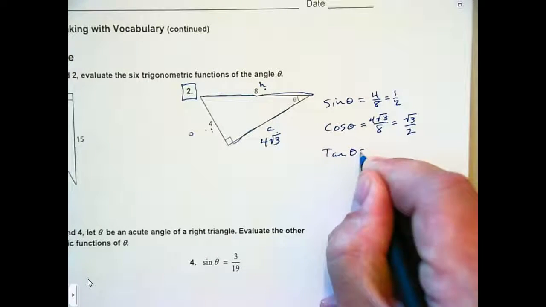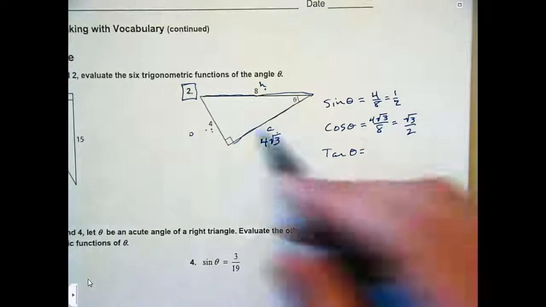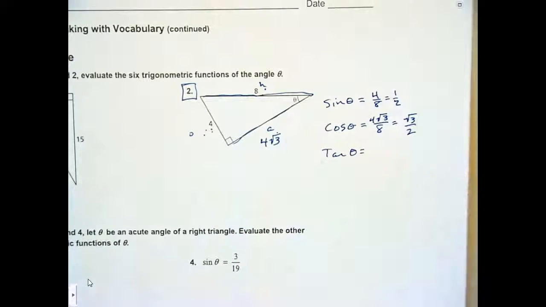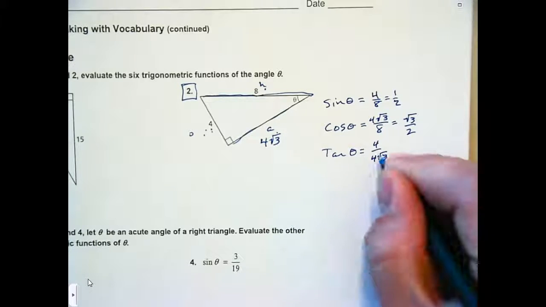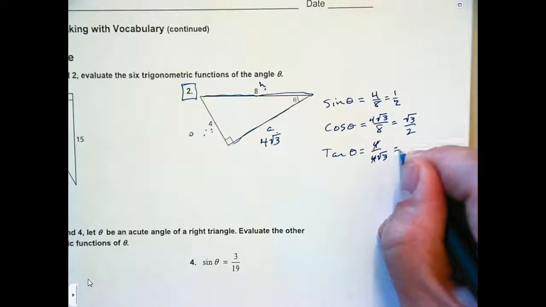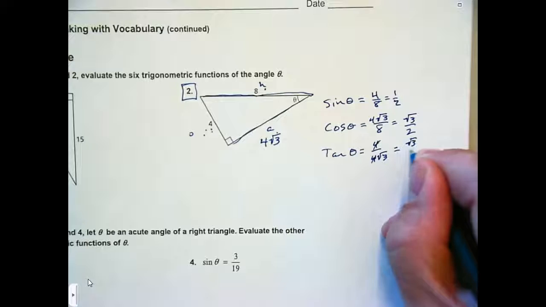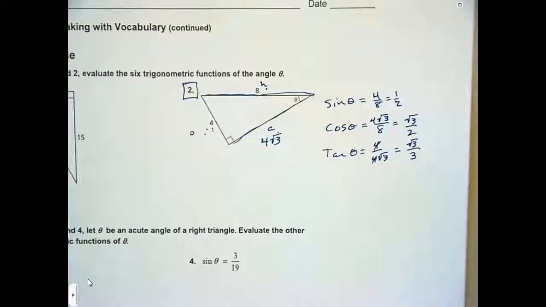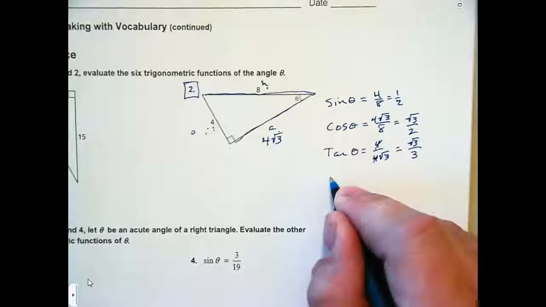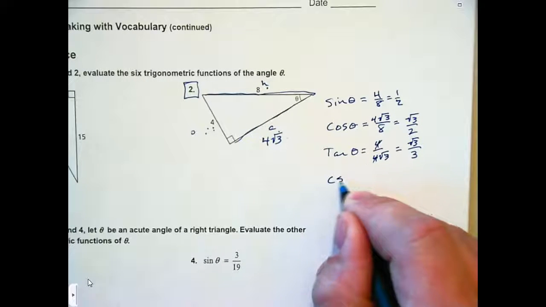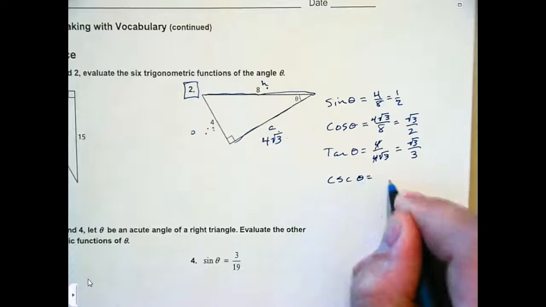Tangent is opposite over adjacent, 4 over 4 root 3. Those cancel. That's just root 3 over 3. Cosecant is the reciprocal of sine, so it's 2.